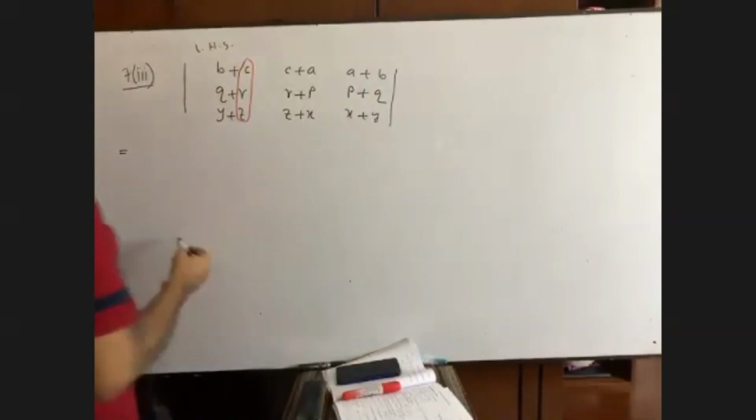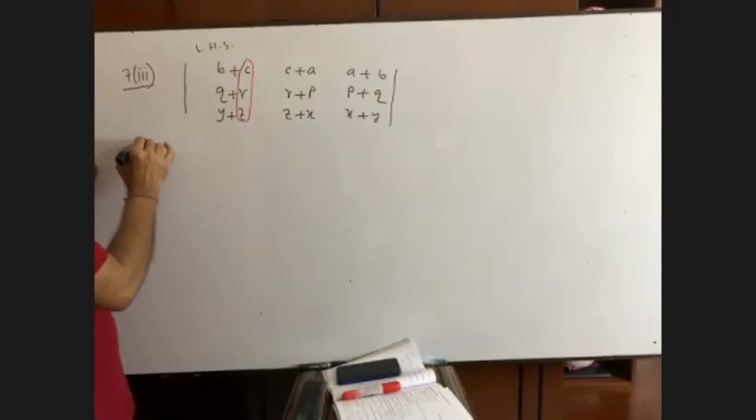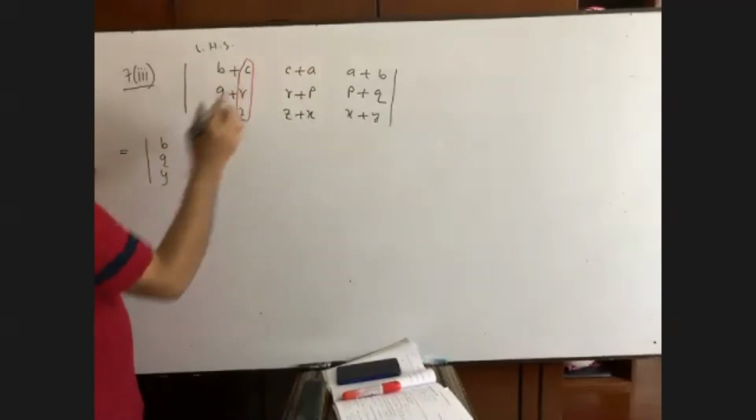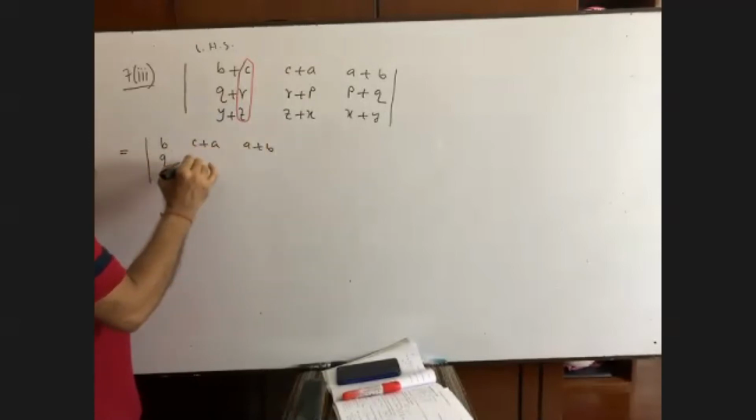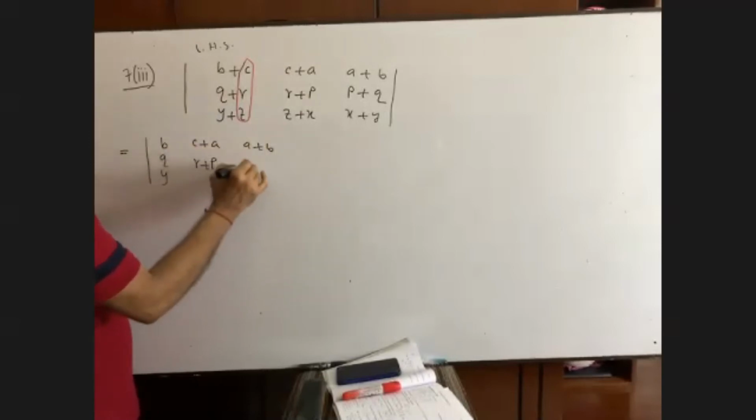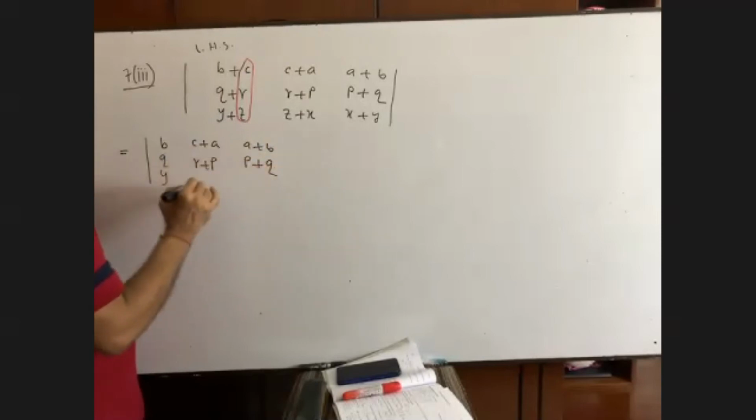So I am going to separate it into two parts. Number one, you write down BQY, then it is C plus A, A plus B, R plus P, P plus Q, Z plus X.